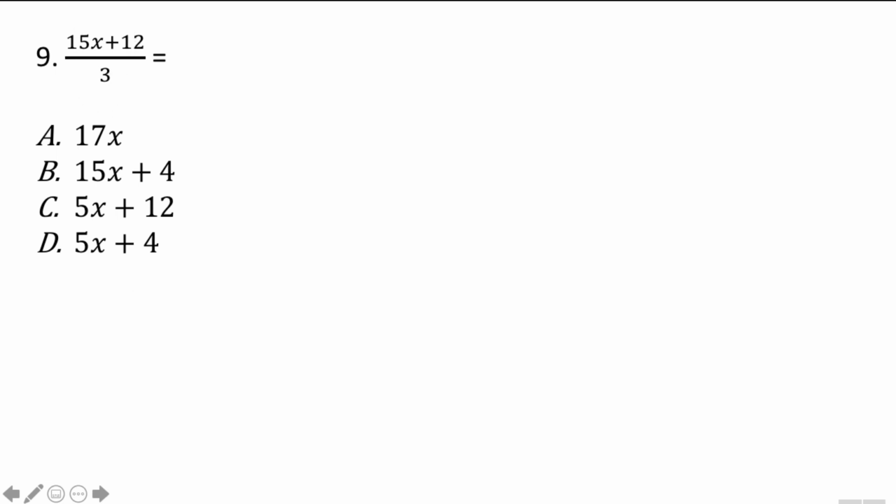So I'm going to rewrite it so you can see it as 15x over 3 plus 12 over 3, okay? So once you write it like this, you'd basically see now that you're really dividing 15 by 3 as well as a 12 by the 3, all right? So this should definitely help you now.